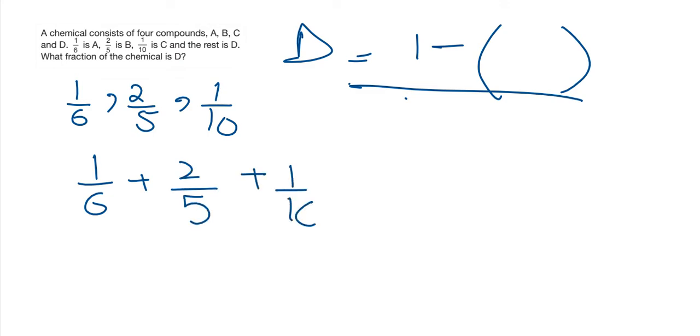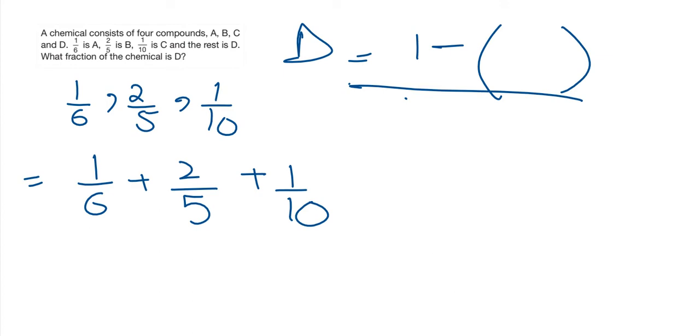1 over 10. Okay, so I have explained to you that if the denominators don't have any common factors, you can easily multiply them to get the LCM. Or if there are prime values in the denominator, you can easily multiply them as well and take out your LCM.